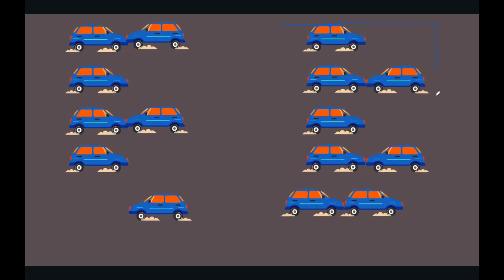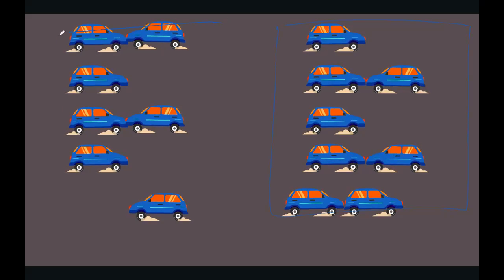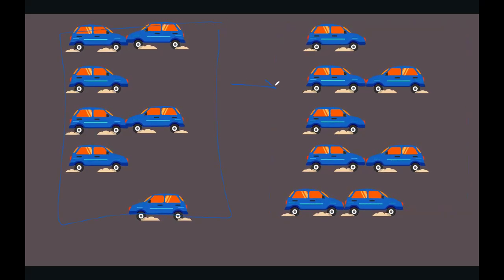This leads to accumulation of cars on the right side. So if this is reactants and these are products, after a while the concentration of the products increases while the concentration of the reactants decreases, because the forward rate is faster than the backward rate.